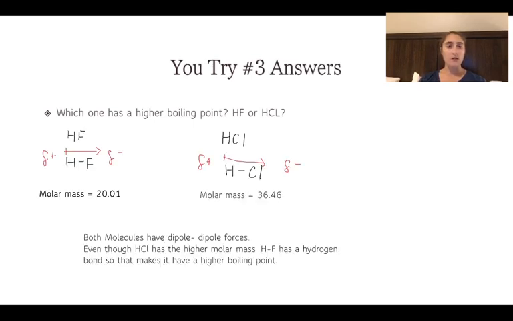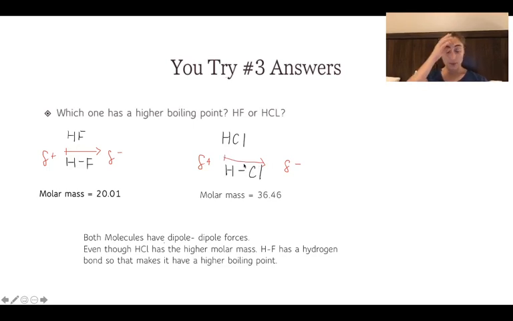Okay, here we go. Which one has the higher boiling point, HF or HCl? In this case, here is HF, H bonded to F. This is a hydrogen bond because it is an H directly bonded to a fluorine. This is going to be slightly positive. This one's going to be slightly negative. Here's the relative molar mass. Now look at this one, HCl.